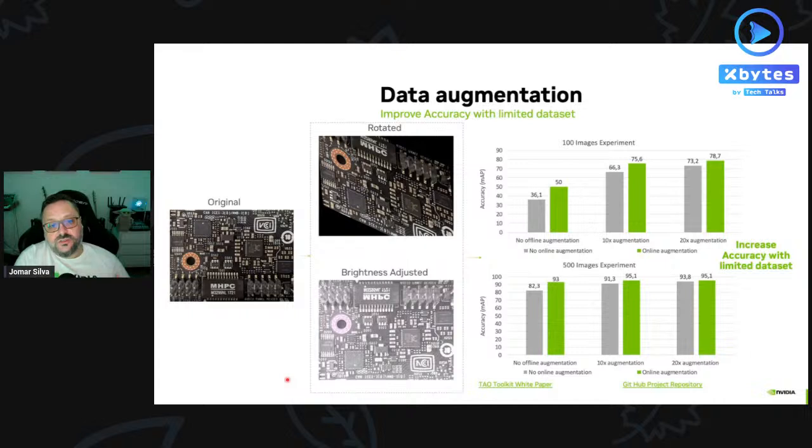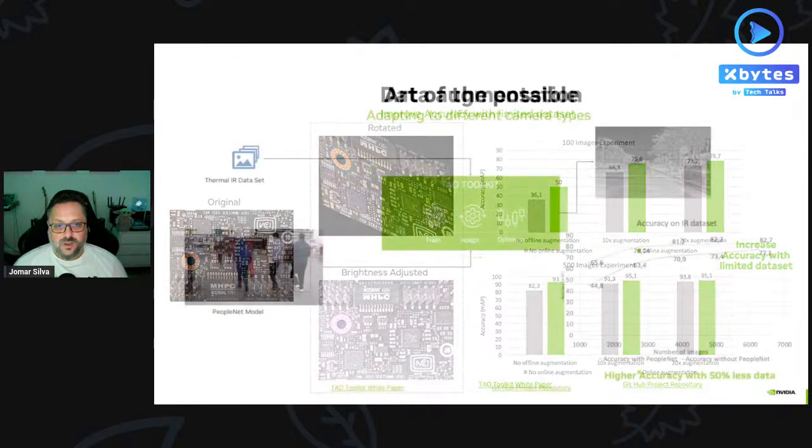I just use this feature from TAO, and online it will generate other images. And here we have some numbers. As you can see, a 100 images experiment with 20x augmentation. We really achieve a lot of accuracy in both scenarios. So if you work with computer vision, please take a look at this feature of TAO.